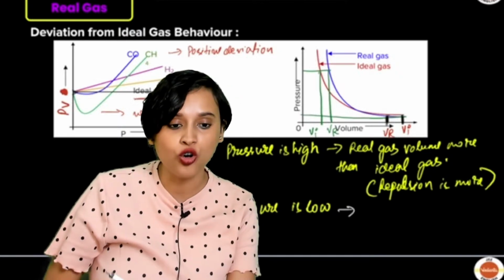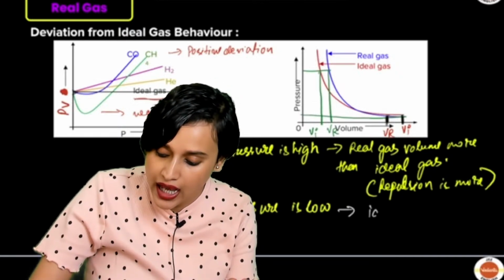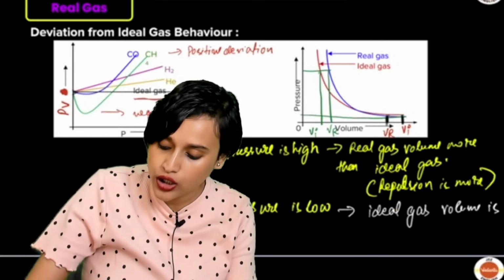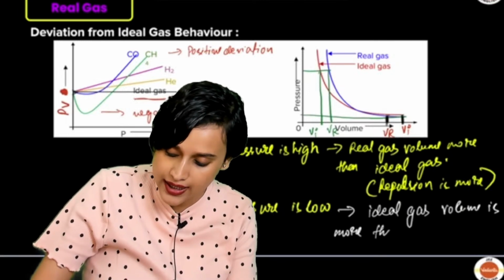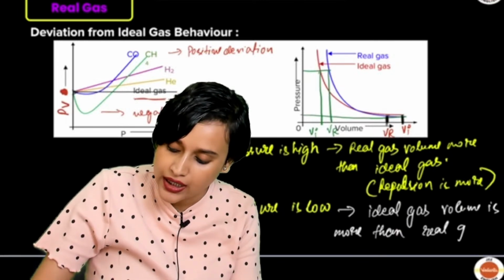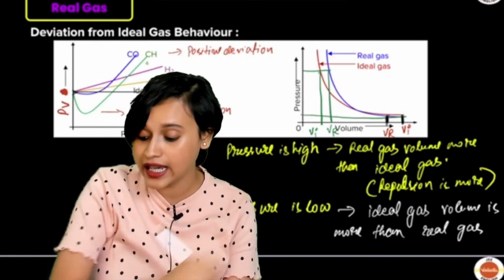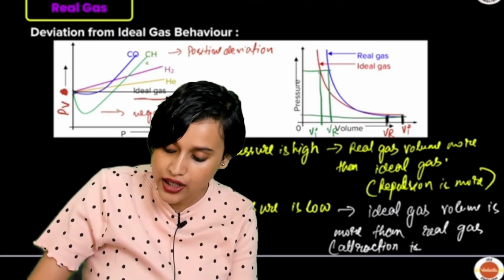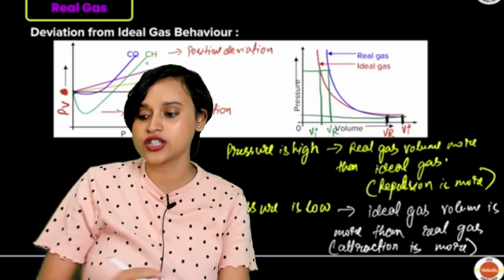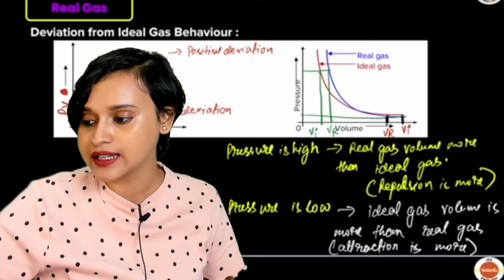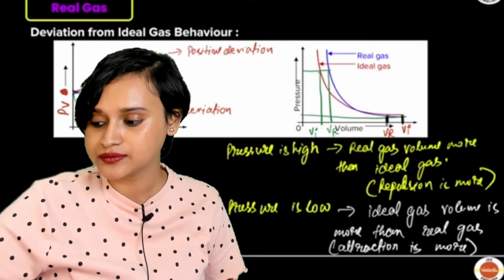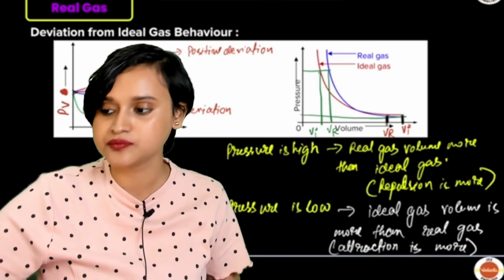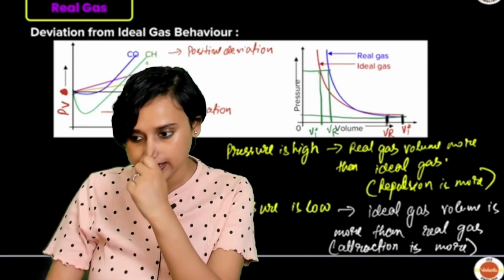When pressure is low, ideal gas volume is more than real gas. And why is that so? In this case, attraction is more. Gotcha, everybody? This is clear, guys? Right, everybody? Okay? All right?